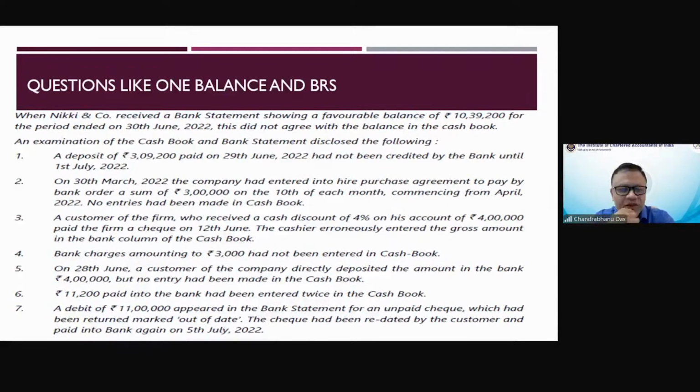Now, what is the meaning of the 7th point? Can anybody tell about the meaning of the 7th point?